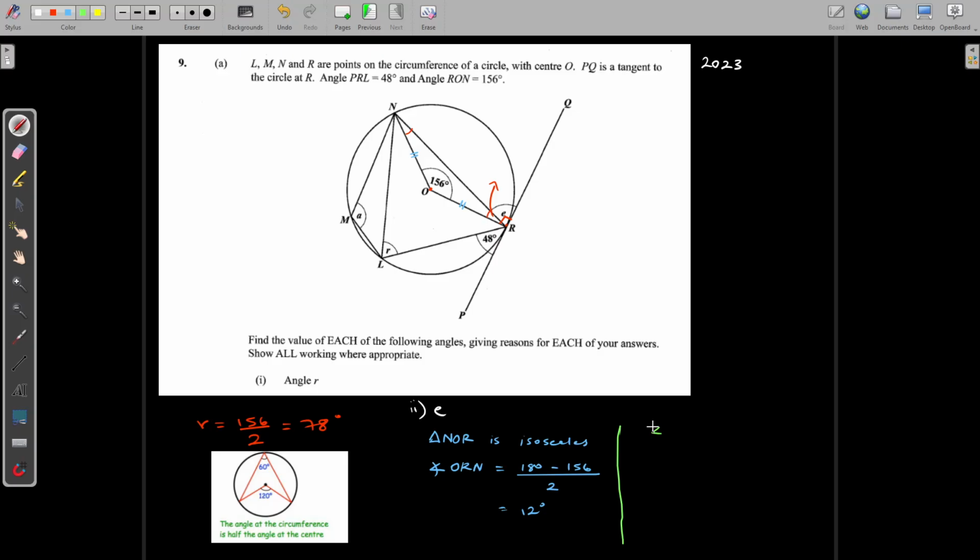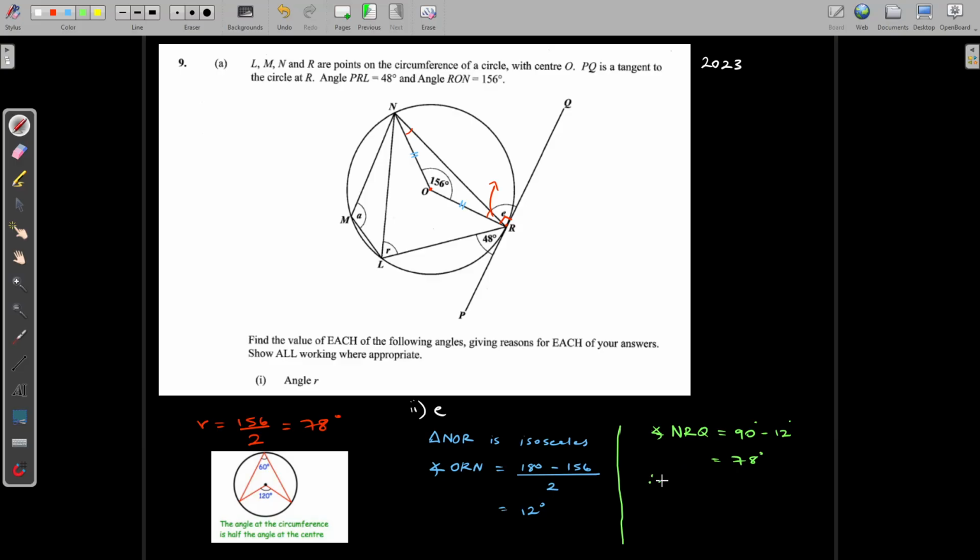Then remember that they want the property, or at least a property, to go with this. So we could say that angle NRQ, which is the same thing as E here, is equal to 90 minus 12, 78 degrees.